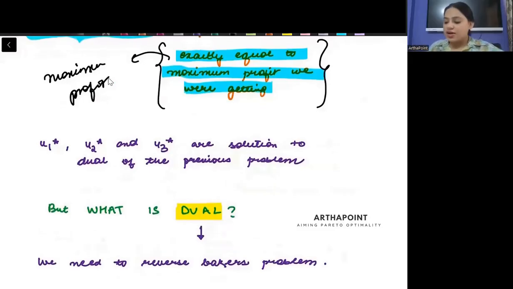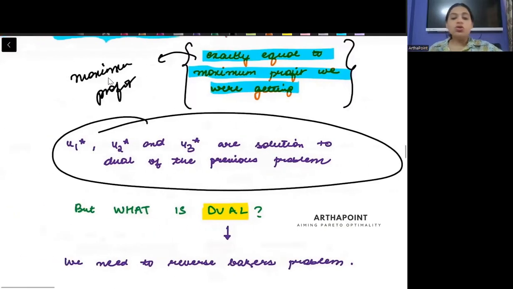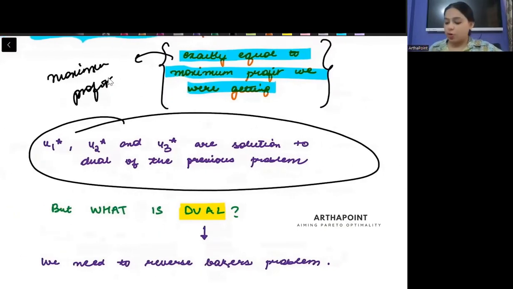So what are these U1 star, U2 star, U3 star called now? These U1 star, U2 star, U3 star are the solution to the dual of the problem.